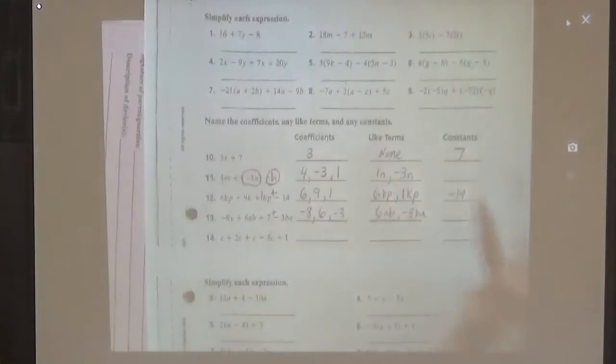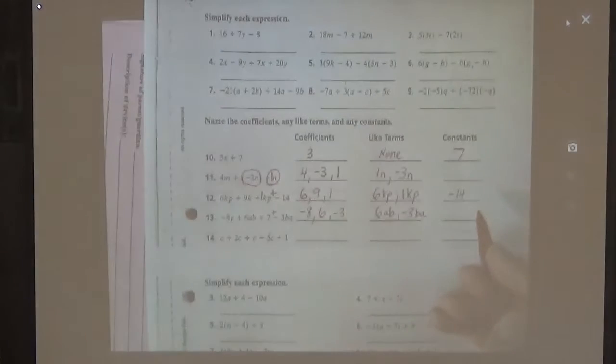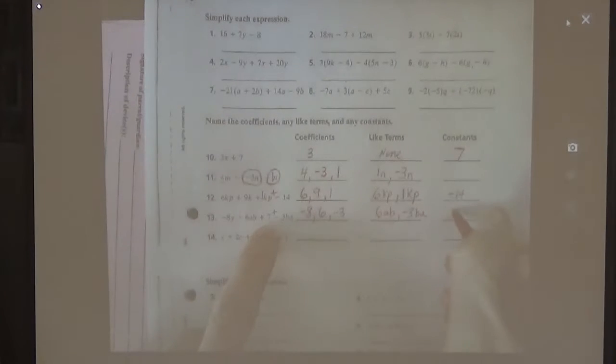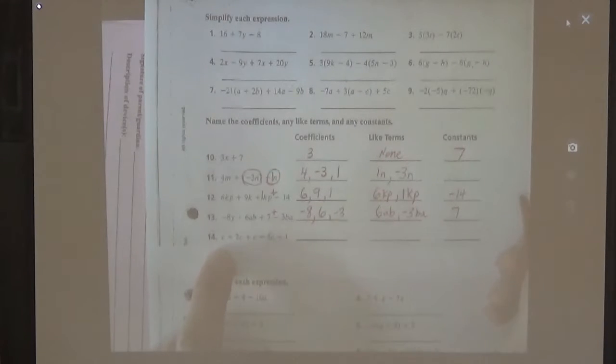And then what are the constant terms? 7. Yep, positive 7. That's it. How are 6ab and negative 3ba alike?